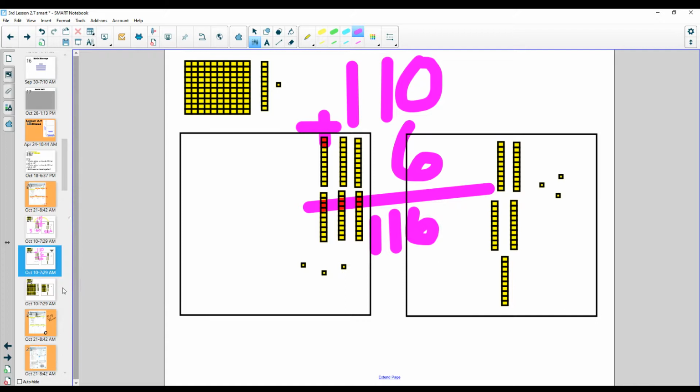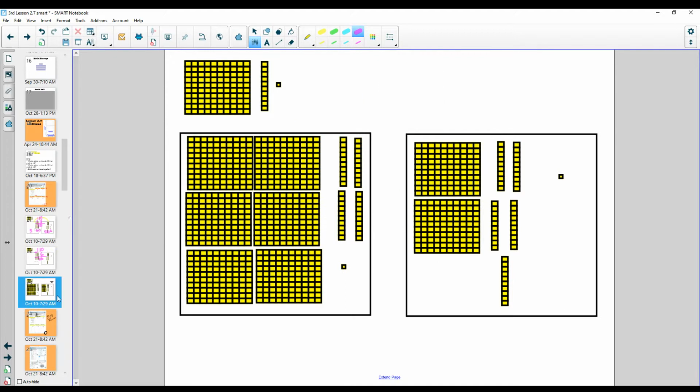Now, sometimes you might have more parts. Look at this. We have hundreds, tens, and ones this time. So let's add up the ones. We get 1, 2. There's our ones part. Now let's add up our tens. 10, 20, 30, 40, 50, 60, 70, 80, 90. I'm running out of room. I'm going to have to write the 90 underneath here. There's 90.